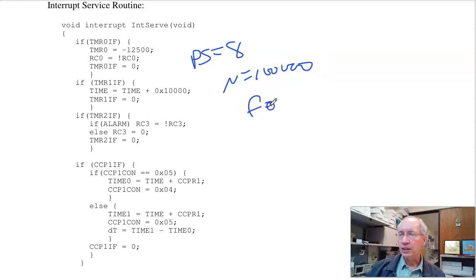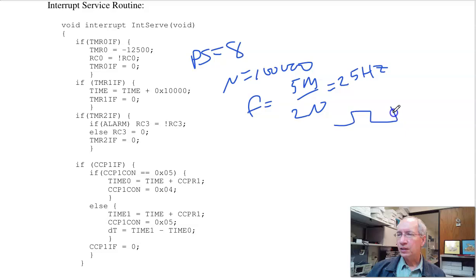So the frequency is 5 million over 2 times N, which is 25 hertz. So that's the square wave that's going to the range sensor. This is going to the trigger input. Set with timer 0.